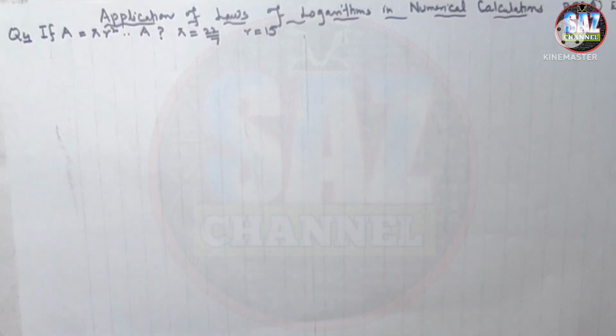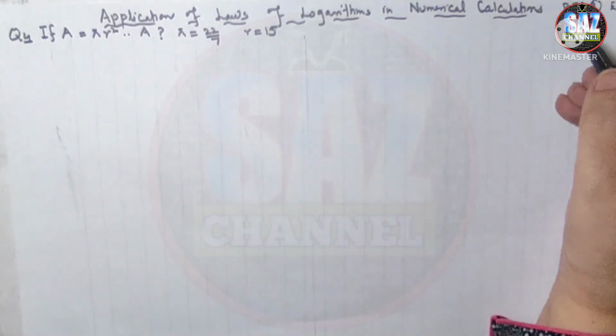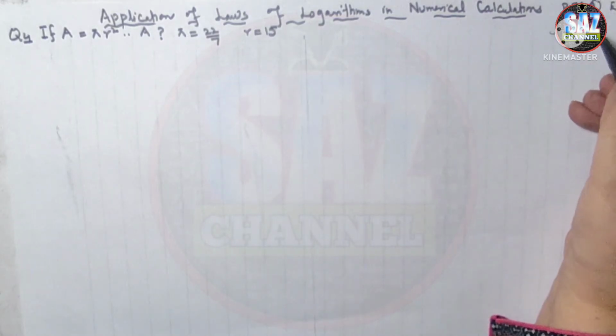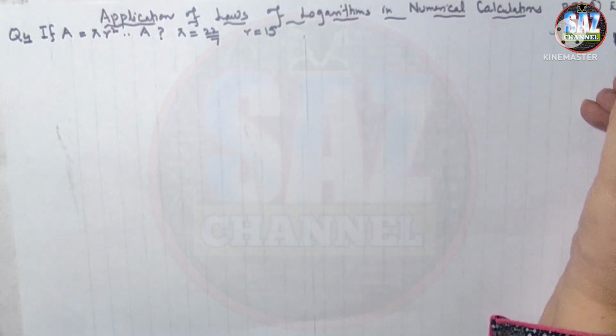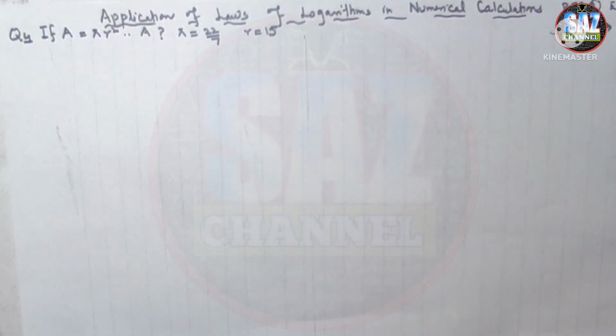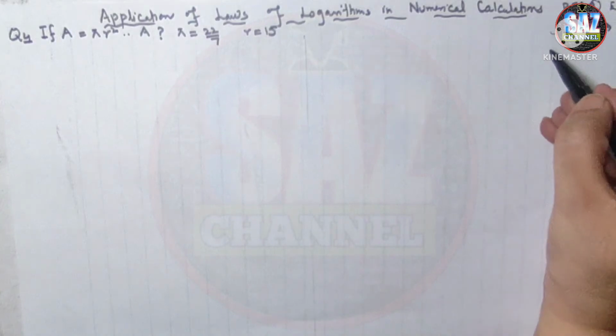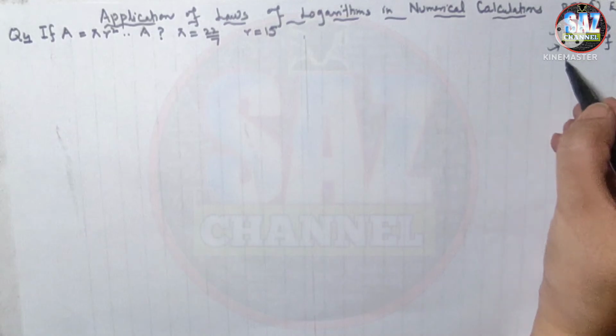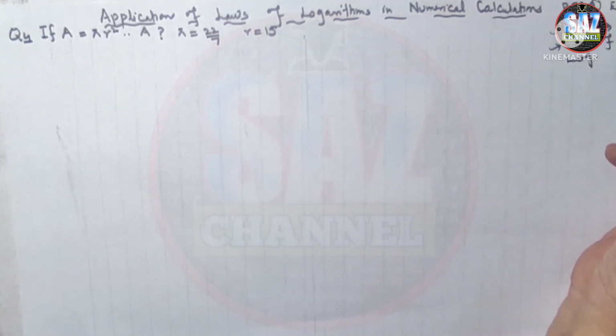In all these questions, there are just one or two basic techniques that we all should know: what is the log of any number, how to take the log, and log consists of how many parts, characteristic and mantissa, how to take the characteristic and how to locate mantissa, what is the role of characteristic in log problems, and what is the role of characteristic in antilog problems, and then what are the laws of logarithm. Laws of logarithm are really clear and important. So please you should have good command on all these points.